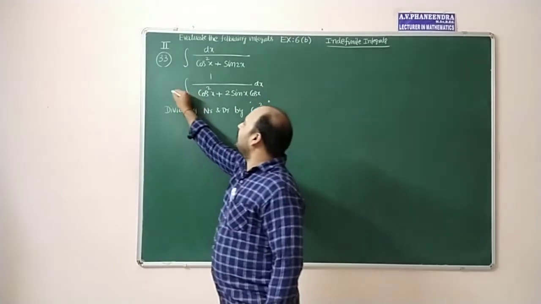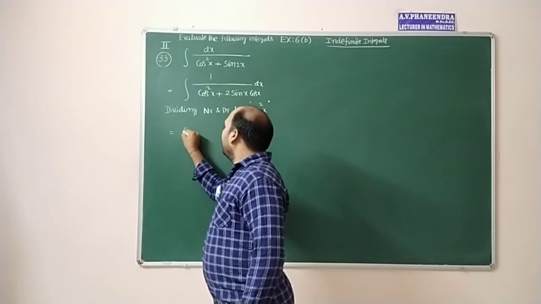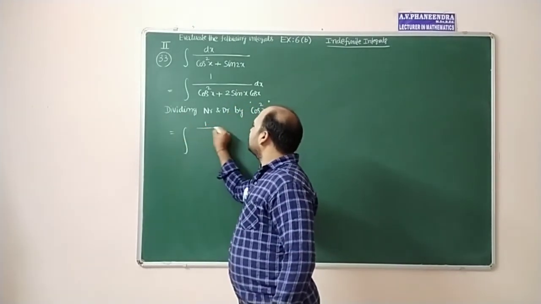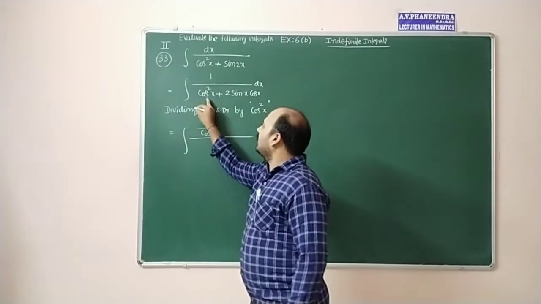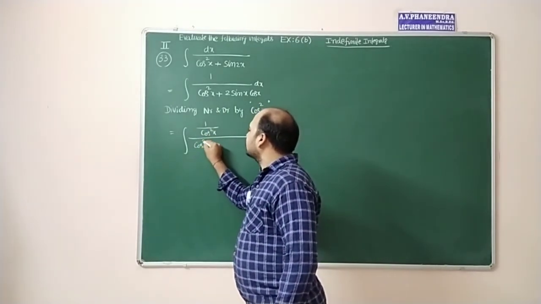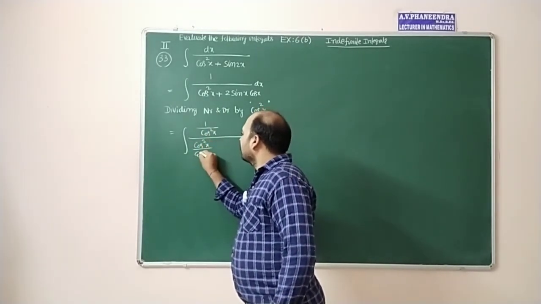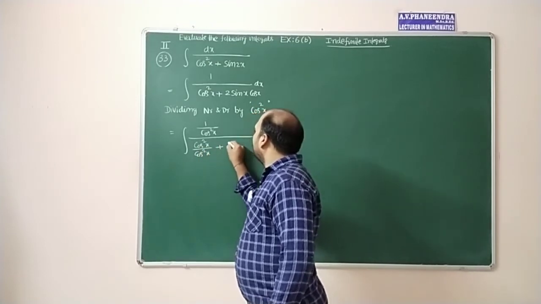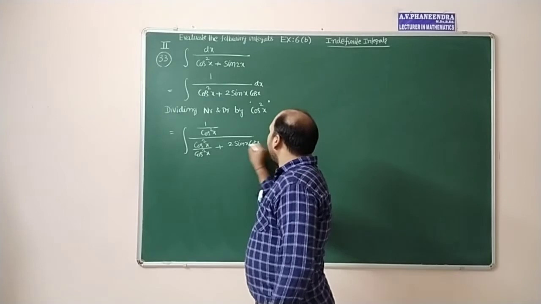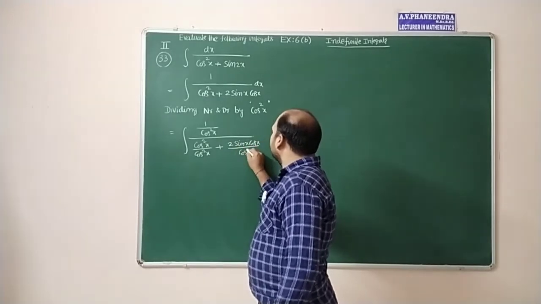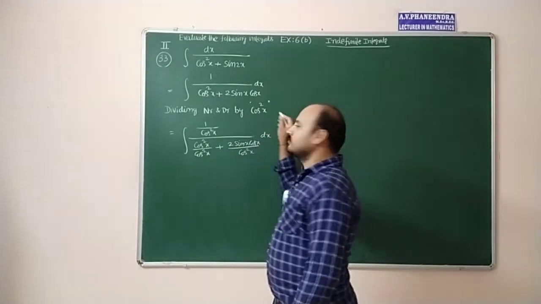So this integral becomes integral: numerator 1 by cos square x, divided by cos square x by cos square x, plus 2 sin x into cos x divided by cos square x, into dx.